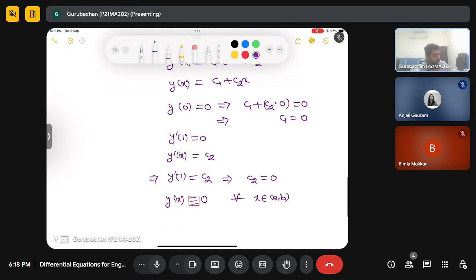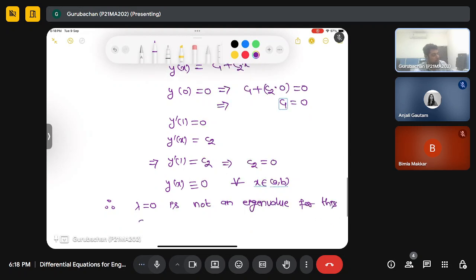Therefore, lambda equal to 0 is not an eigenvalue for this Sturm-Liouville system.